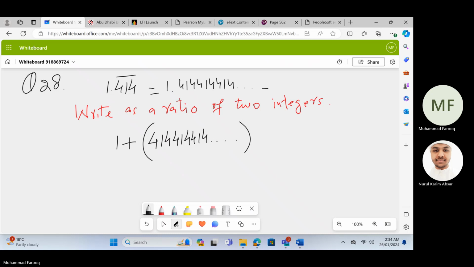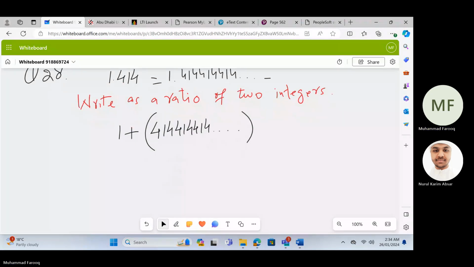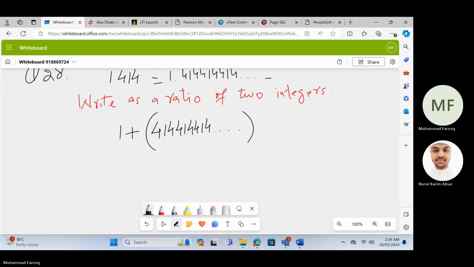Now this 1 plus remains as it is. Now look here, the first group 414. If you write it 3 times, it's enough.